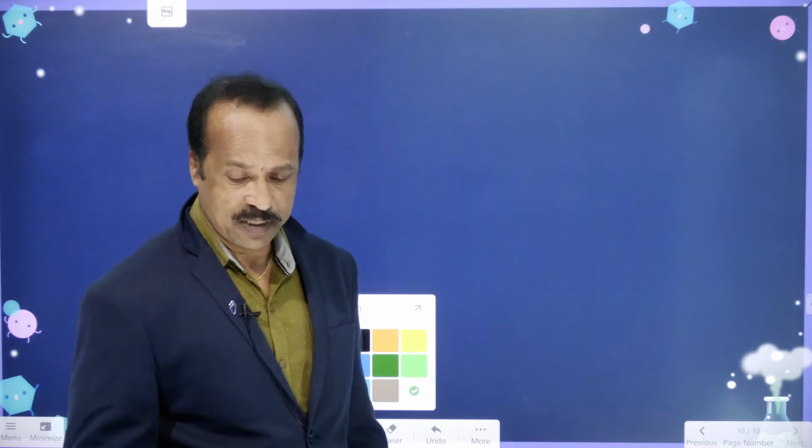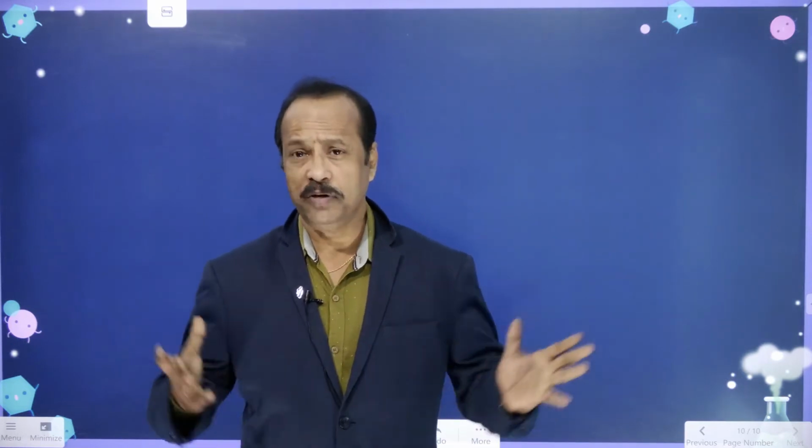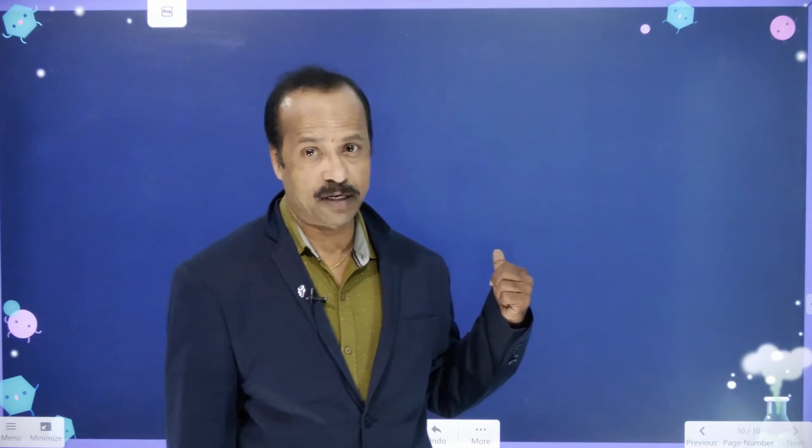So students, first we start chemistry. First it starts with matter, right? What is matter? Matter means anything that has mass and occupies space. Whatever you see around you comes under matter.